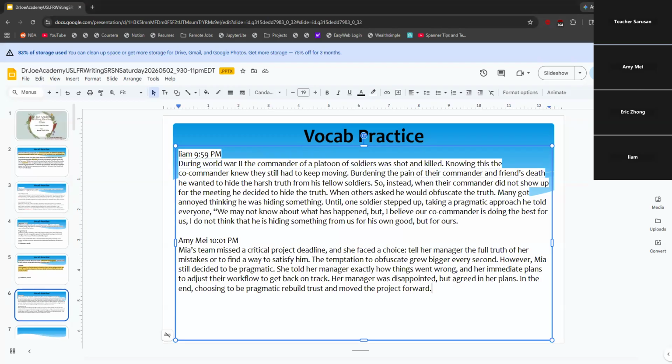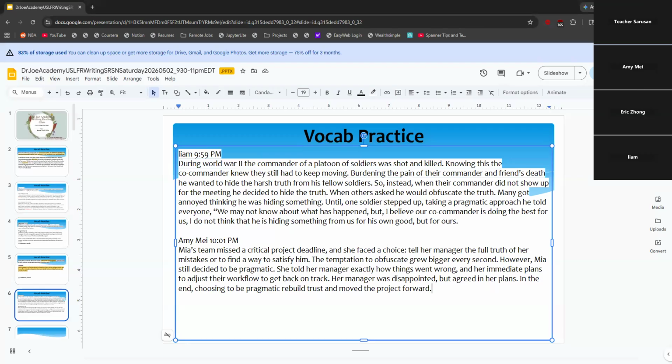During World War II, the commander of a platoon of soldiers was shot and killed. Knowing this, the co-commander knew they still had to keep moving. Burdening the pain of their commander and friend's death, he wanted to hide the harsh truth from his fellow soldiers. So, instead, when their commander did not show up for the meeting, he decided to hide the truth.